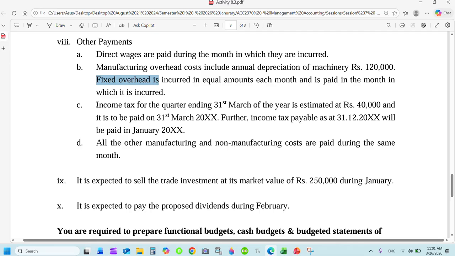Then income tax. Income tax for the quarter ending 31st March is estimated at 40,000 and is paid on 31st March, right? Then further, income tax payable as at 31st December 2020 will be paid in January 2021.